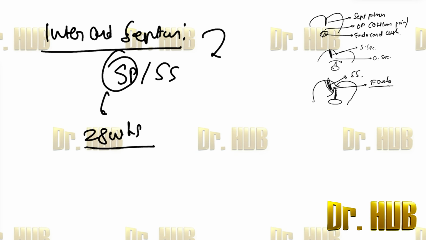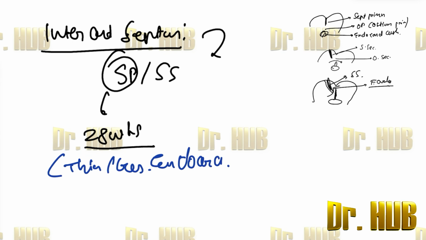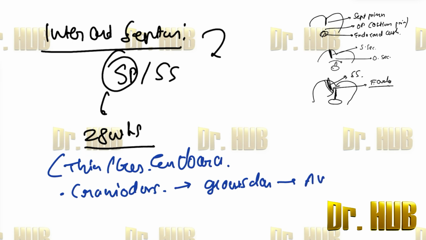It is a thin as well as a crescentic fold, and this is of the endocardium. And it arises craniodorsally and grows down to the AV cushions, and it leaves the ostium primum below its free edge.